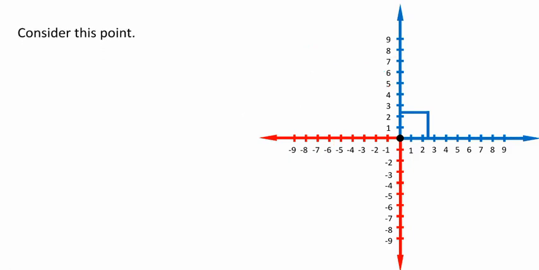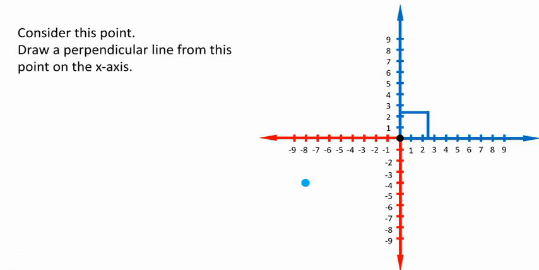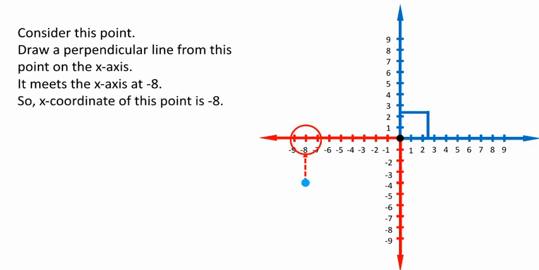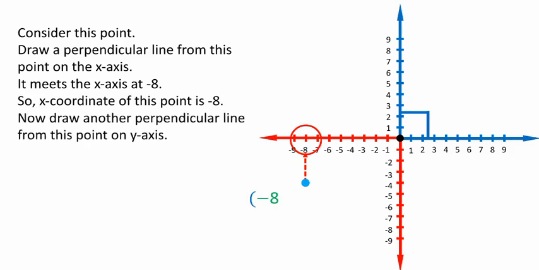Consider this point. Draw a perpendicular line from this point on the x-axis. It meets the x-axis at -8. So the x-coordinate of this point is -8. Now draw another perpendicular line from this point on the y-axis.